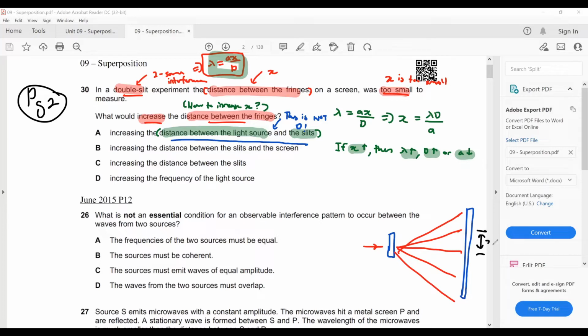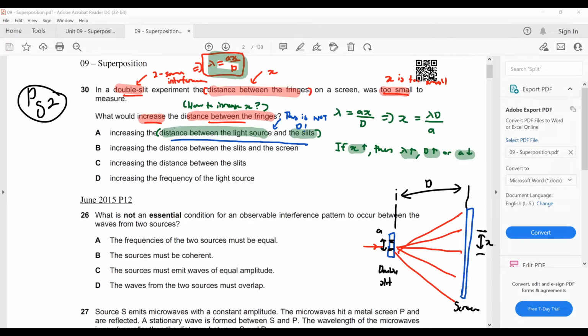This here is your a. This here is your capital D, the distance between the slit and the screen. This is your double slit. This is your screen.